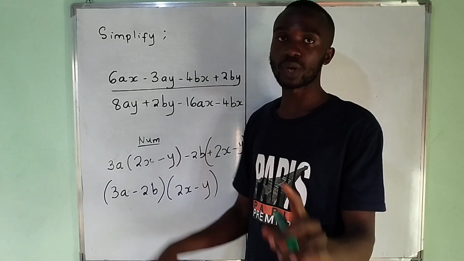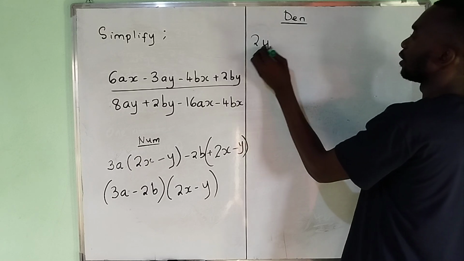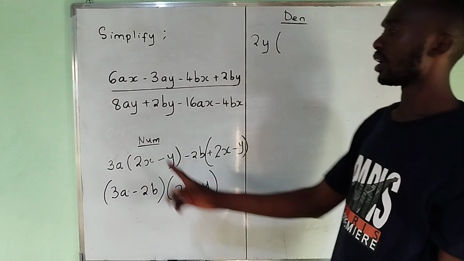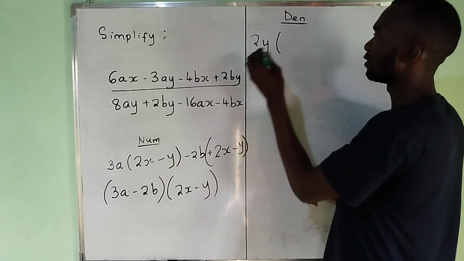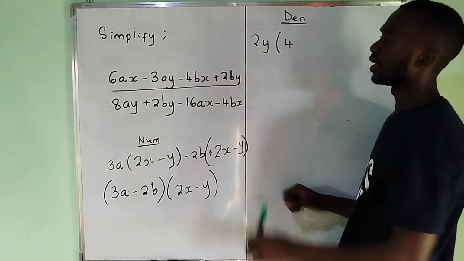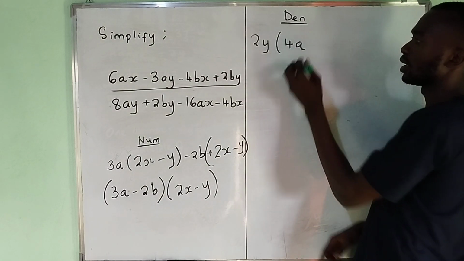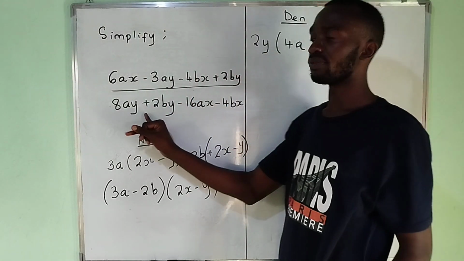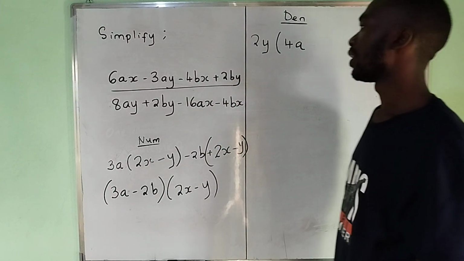So we've got 2y, take it outside the bracket, open the bracket. 8 divided by 2, we are left with a 4. Then a is remaining. Then y is going to simplify the y, so we are not left with any y.